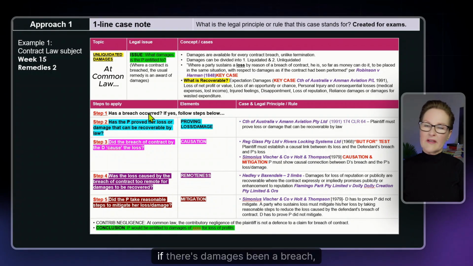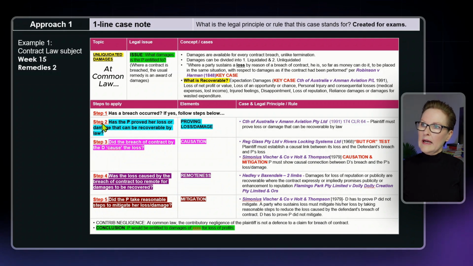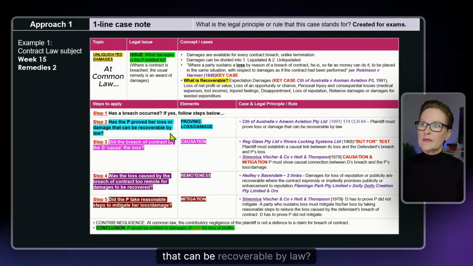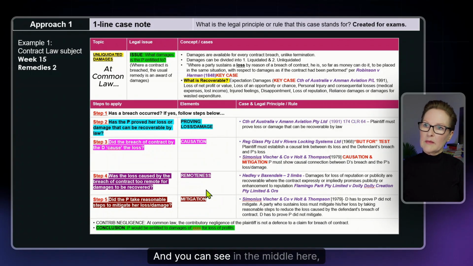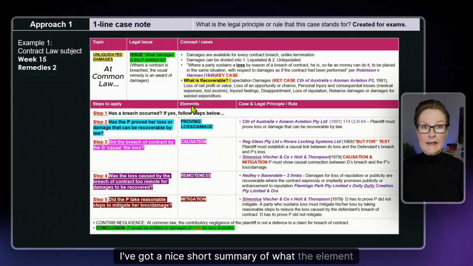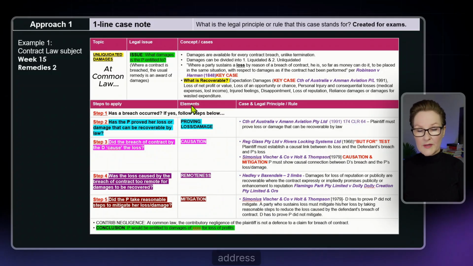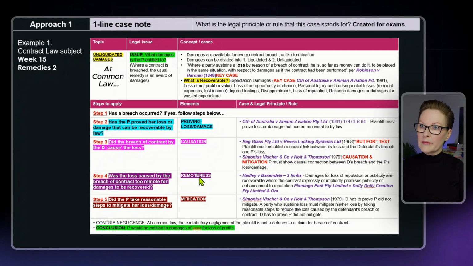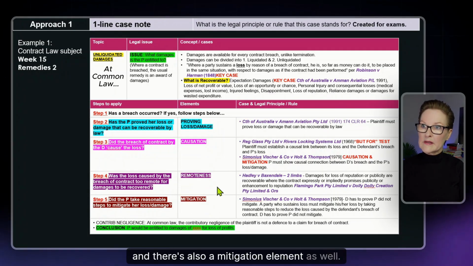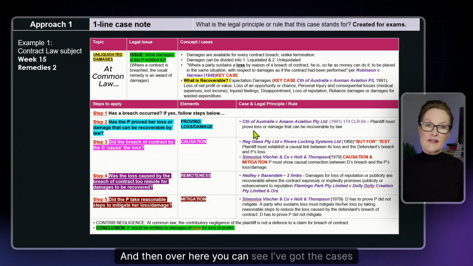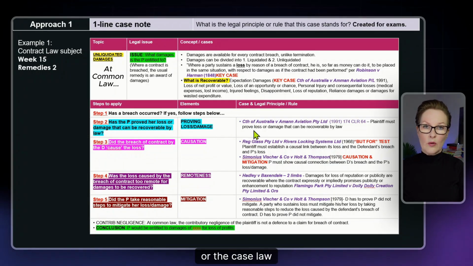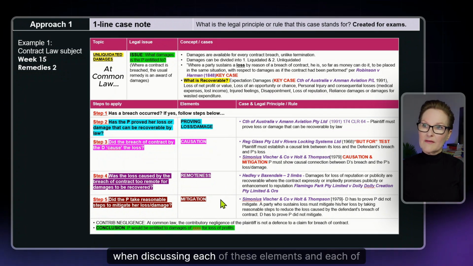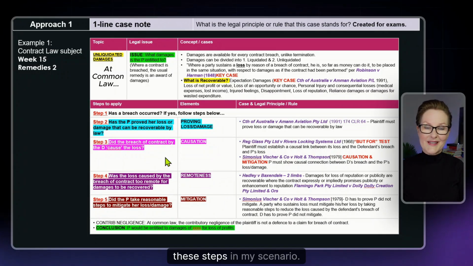First, if there's been a breach, then yes, you carry on. Step 2, has the plaintiff proved loss or damage that is recoverable by law? In the middle here, I've got a nice short summary of the element we have to address in answering this question. We've got the causation element, remoteness, and there's also a mitigation element as well. And over here, I've got the case law that I need to refer to when discussing each of these elements and steps in my scenario.